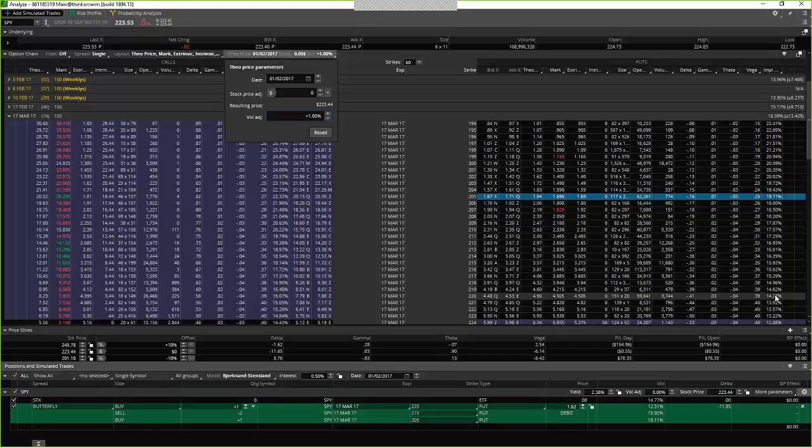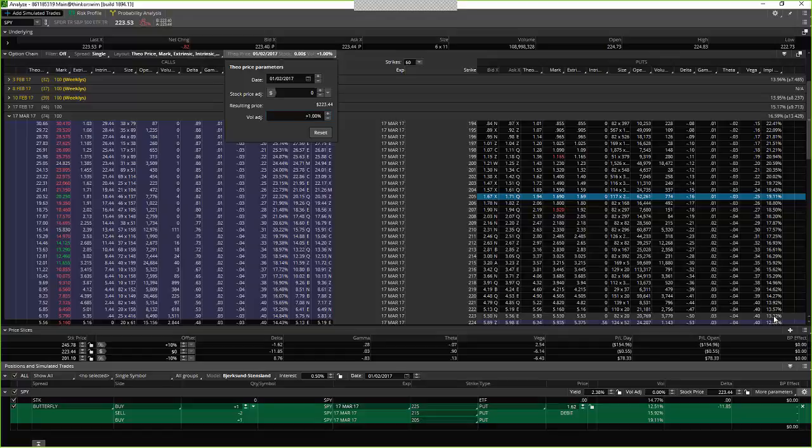When I talk about something having a steep put skew, what I'm talking about is that the implied volatility of the strikes over here is relatively higher than it is here. Well, says Jim, they are already higher. Yeah, I know they are. But what I'm talking about is throughout history. One of the things I look at all the time is what the implied volatility has been.